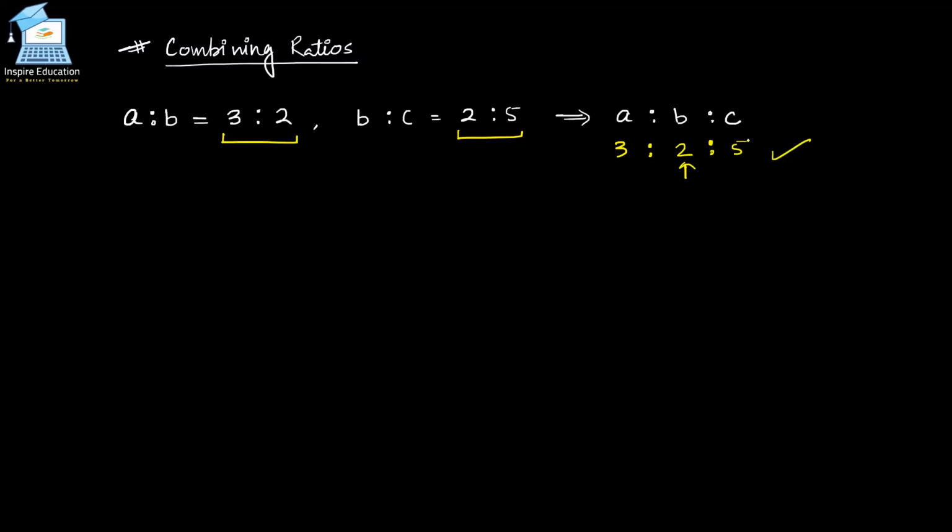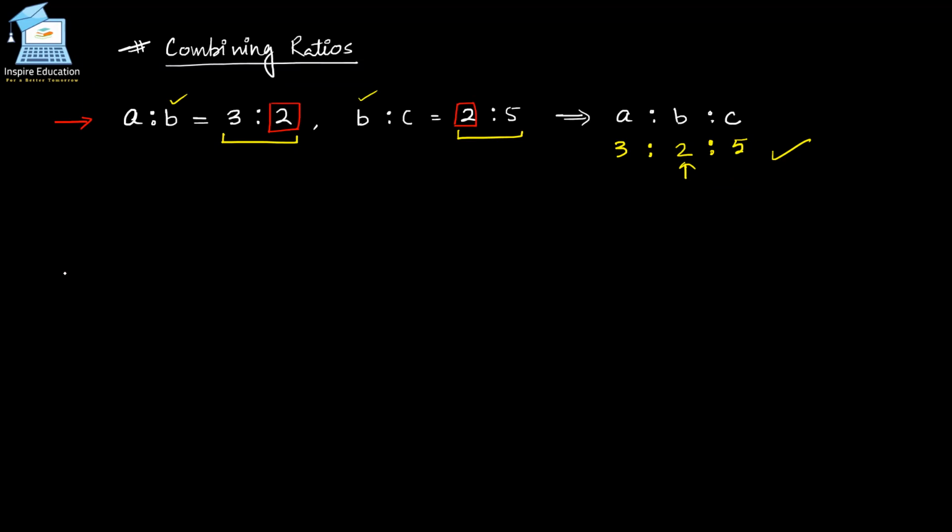This was the easiest example because B was common between these two ratios and the value of B was equal, 2 and 2. But what about when we have dissimilar values of B?